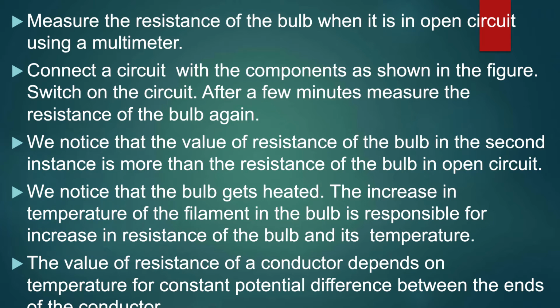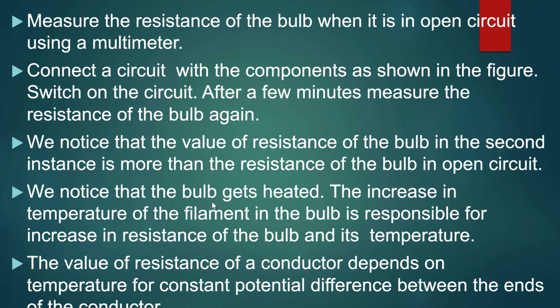We'll just sum it up again. Measure the resistance of the bulb when it is in open circuit using a multimeter. Connect a circuit with the components as shown in the figure. Switch on the circuit. After a few minutes, measure the resistance of the bulb again. We notice that the value of resistance of the bulb in the second instance is more than the resistance of the bulb in open circuit.